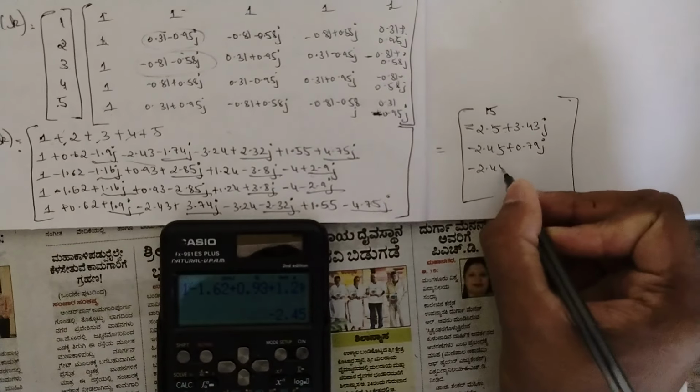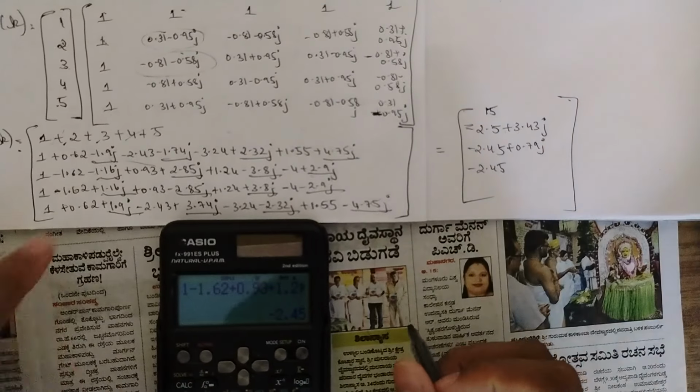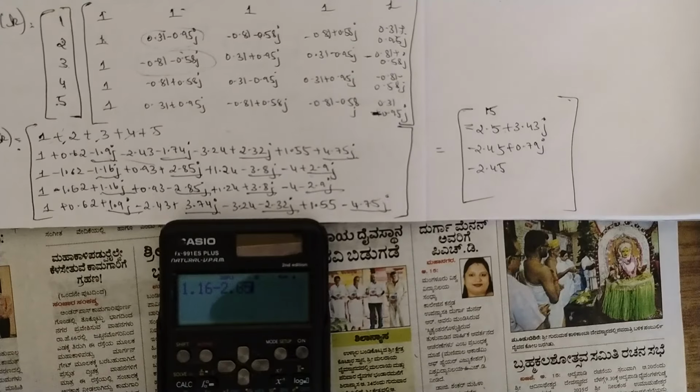Similarly for the fourth row, 1 minus 1.62 plus 0.93 plus 1.24 minus 4, minus 2.45. Then we have 1.16 minus 2.85 plus 3.8 minus 2.9, that is minus 0.79j. Then the last row, 1 plus 0.62 minus 2.43, then minus 3.24 plus 1.55, that is minus 2.5.